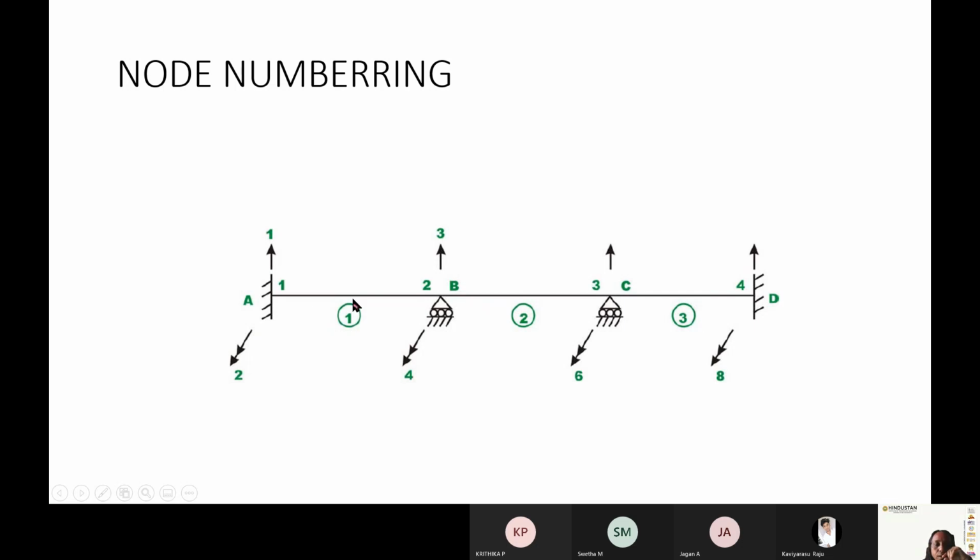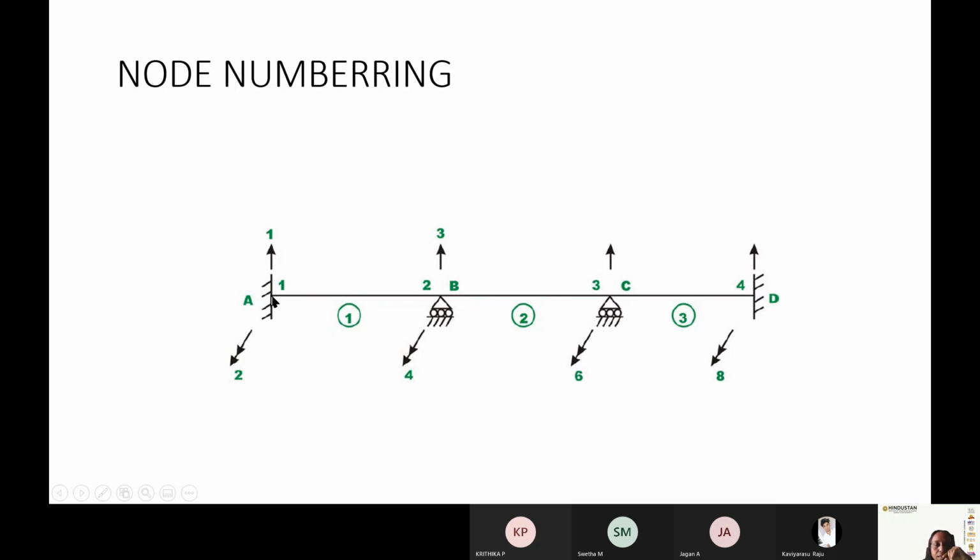After numbering the members, you have to number the nodes. The first member is connected with nodes 1 and 2. The second member is connected with nodes 2 and 3. The third member is connected with nodes 3 and 4. You have to concentrate on each node, how many translations and how many rotations there are.